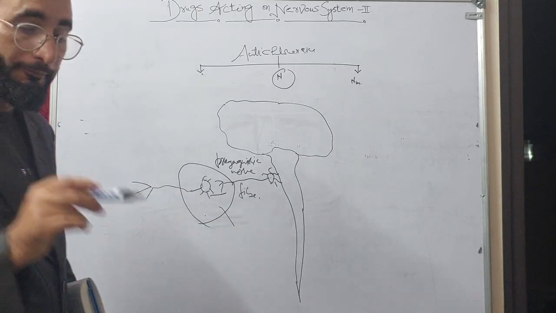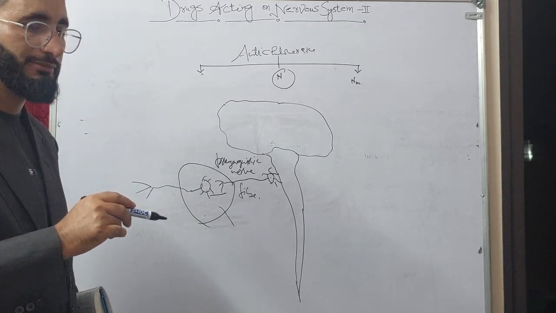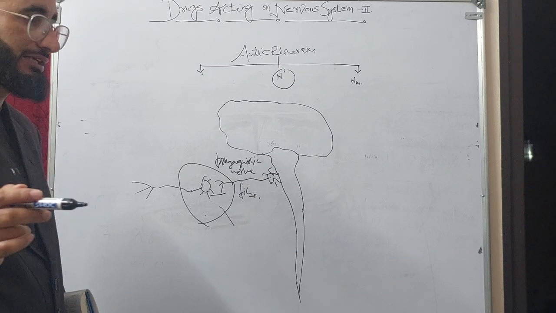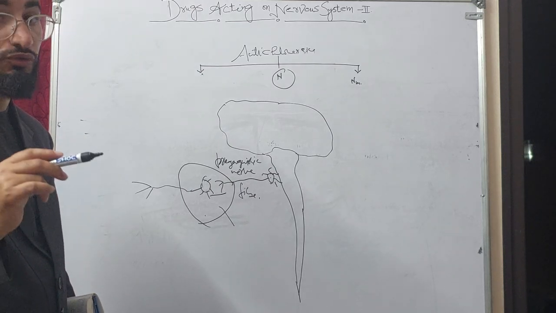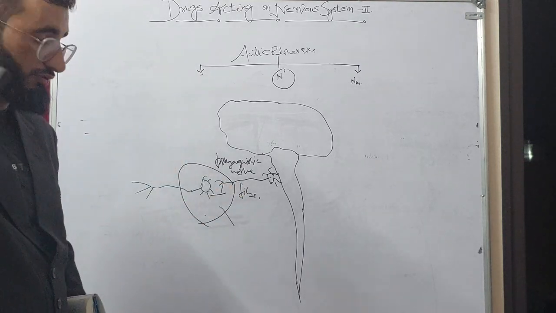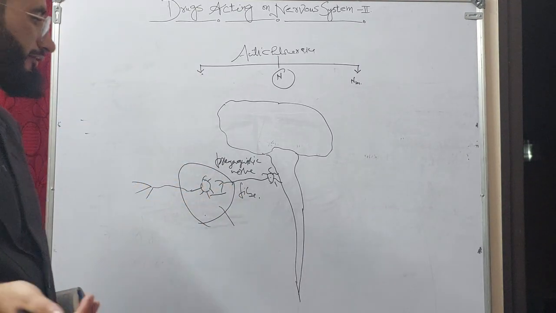Remember that in both the cholinergic and adrenergic autonomic nervous systems, the preganglionic neurotransmitter is only one, that's acetylcholine. Then the postganglionic neurotransmitter in the adrenergic nervous system is noradrenaline.